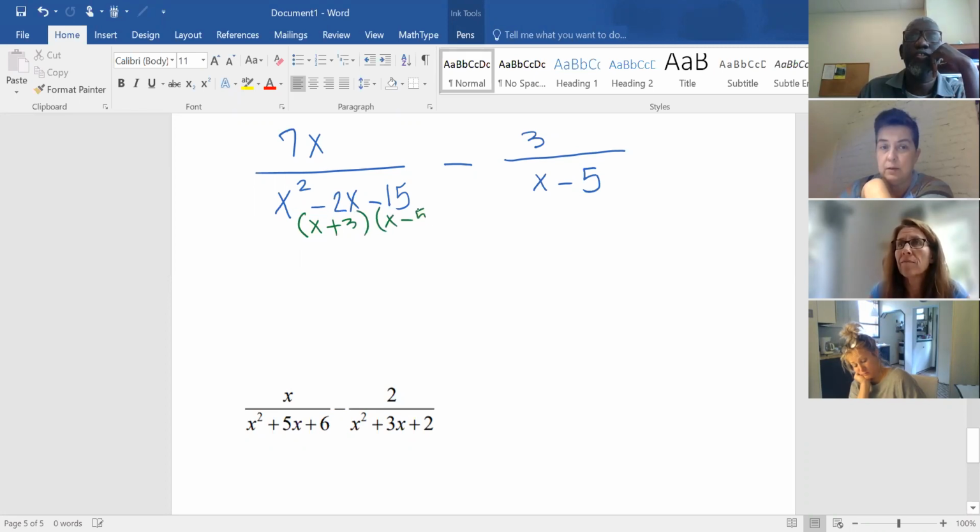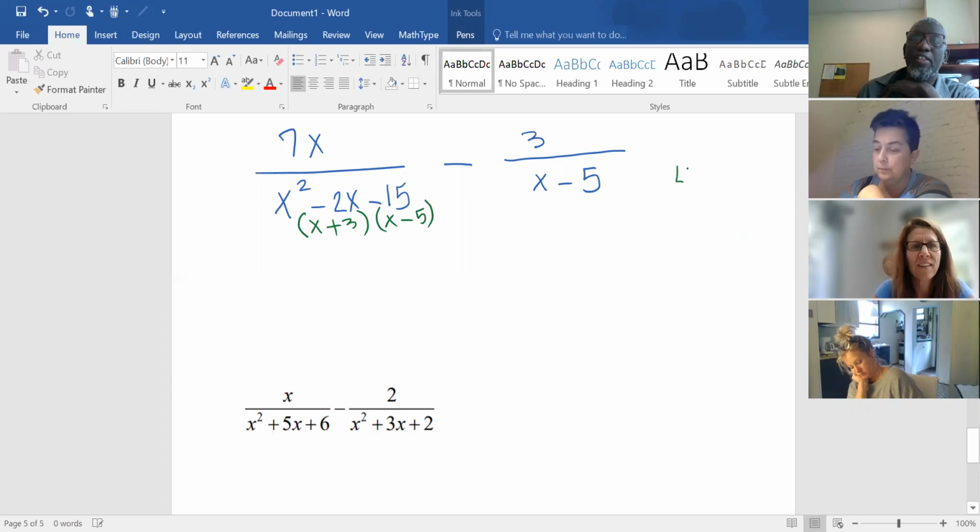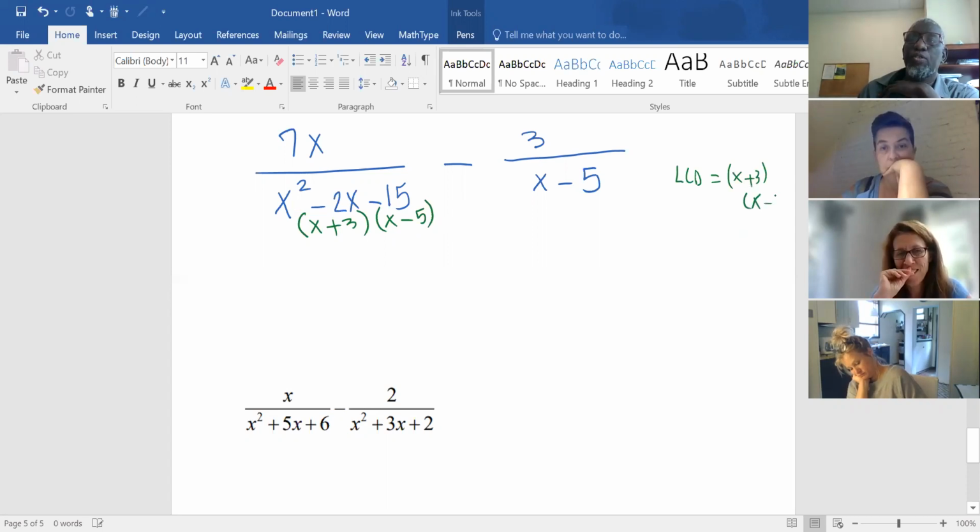Thank you very much. That's correct. So what is LCD then? X plus 3 times x minus 5. Exactly. So the LCD is the big one because the big one includes the small ones, x plus 3, x minus 5.